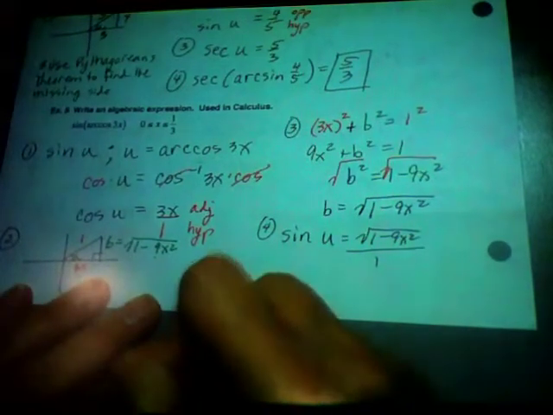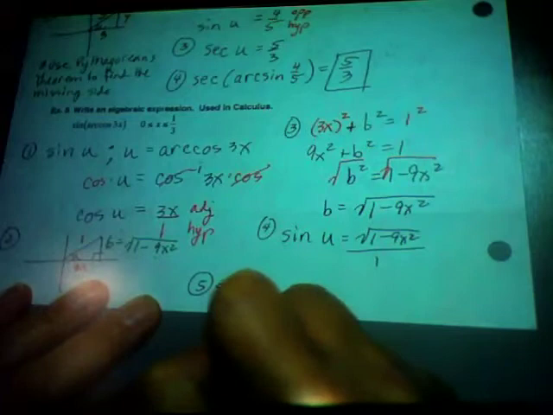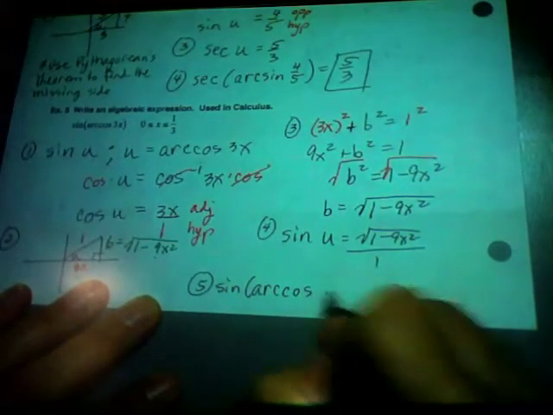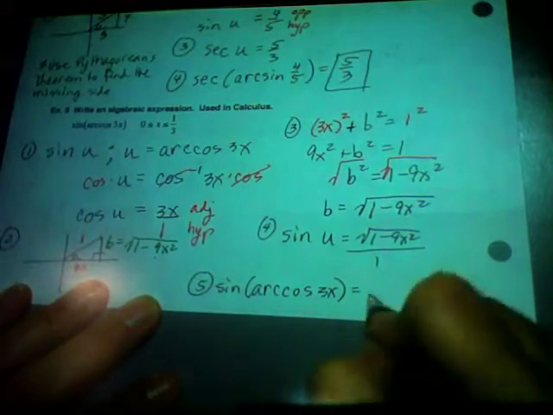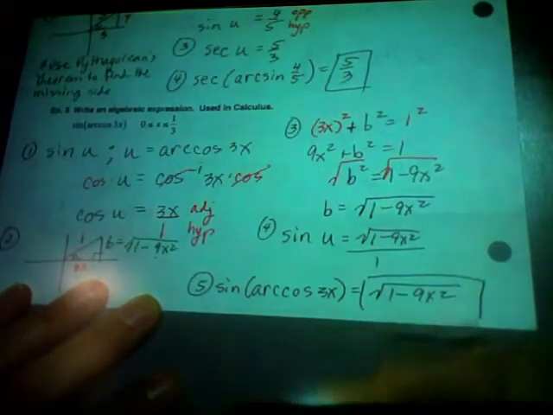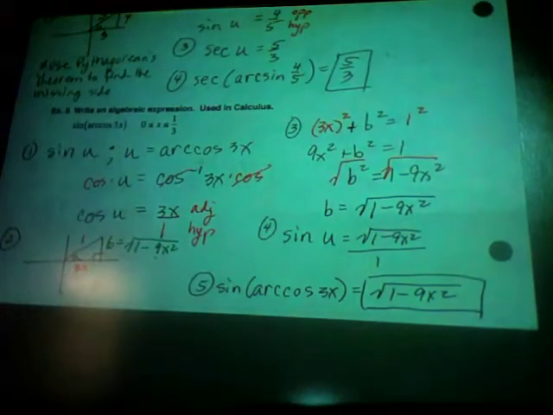So we've actually found it, haven't we? So the sine of the arc cosine of 3x is equal to the square root of 1 minus 9x squared. It's just long but not difficult.